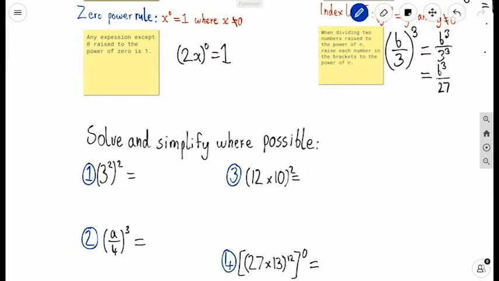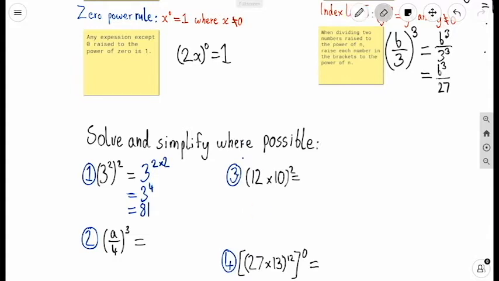So if we just do that here, 3, and then we have to multiply the 2 indices together, giving us 3 raised to 4, and 3 raised to 4 would give us 81. So 3 times 3 is 9, 9 times 3 is 27, and 27 times 3 is 81.